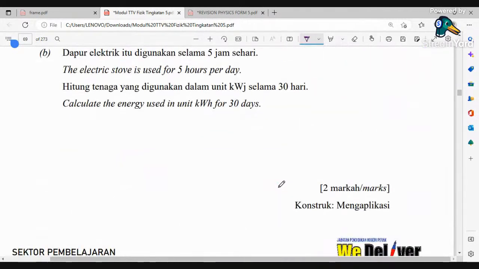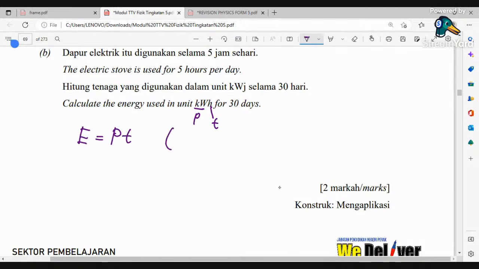B, calculate energy used in kilowatt hour for 30 days. If you see this, kilowatt is power, hour is time. So if we want to calculate energy consumed, we are going to use the formula E equals PT.